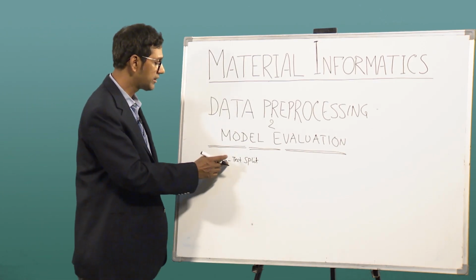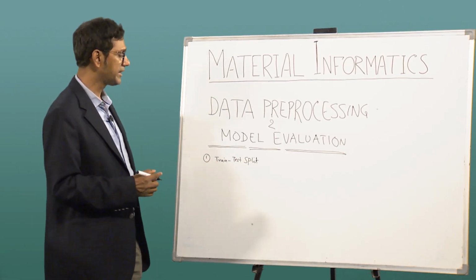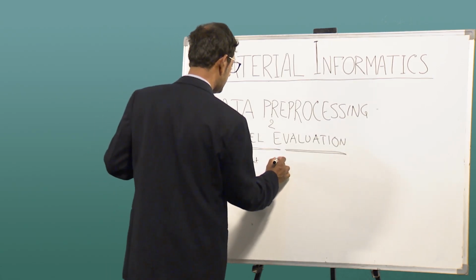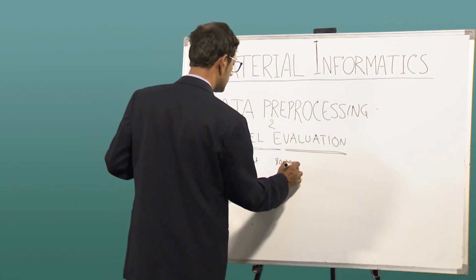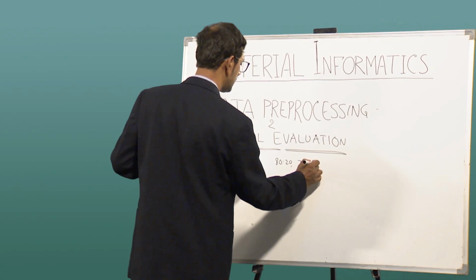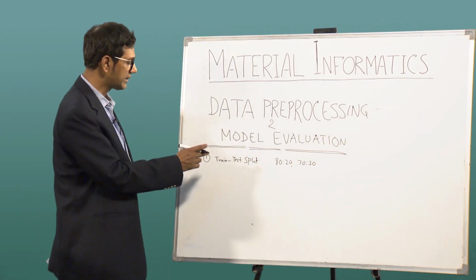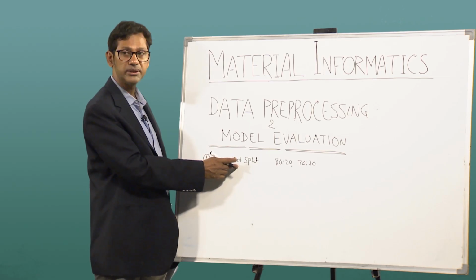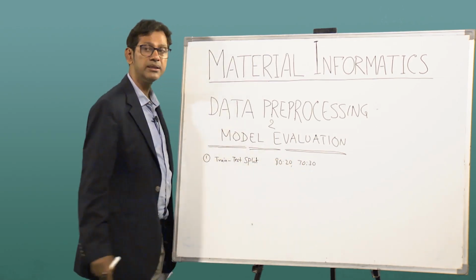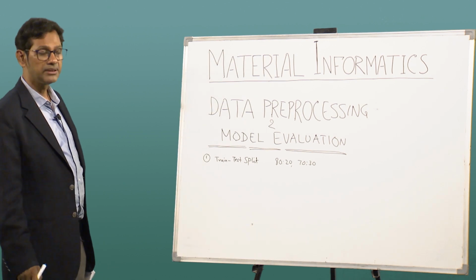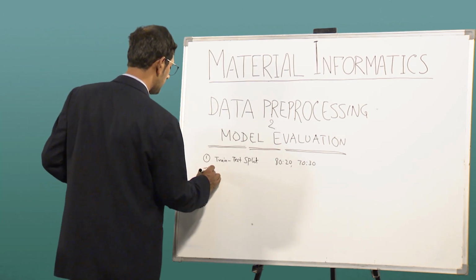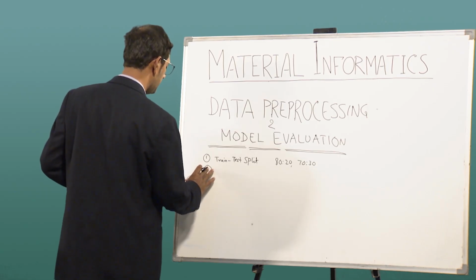That is why you have to do a train test split. Datasets are split into either 80-20 or 70-30. That means 80% of the data will be used to train the model and 20% of the data will be used to test the model. Same thing for 70-30. This is the first thing you do when you are evaluating a model.